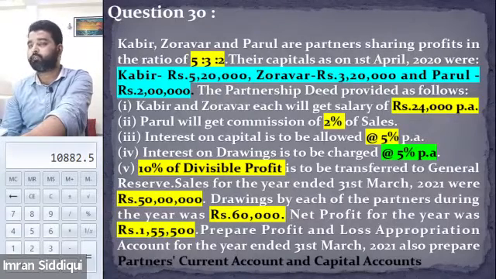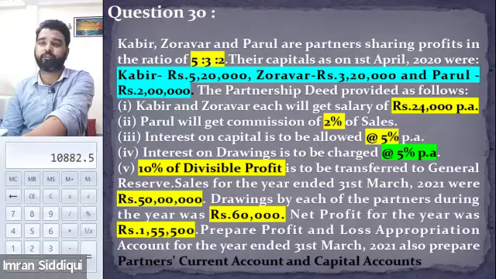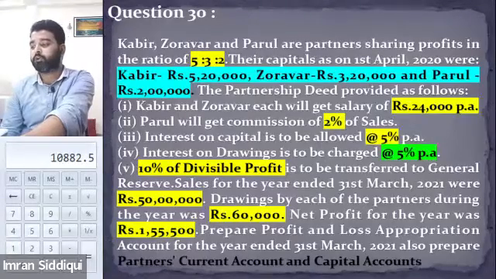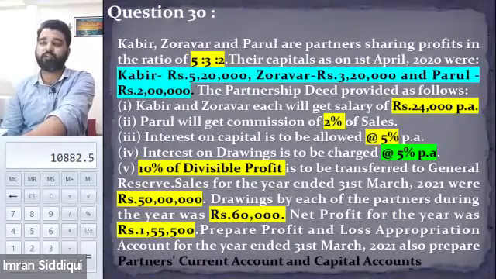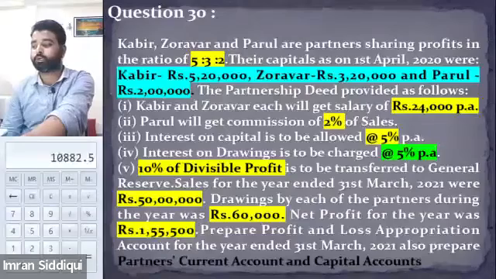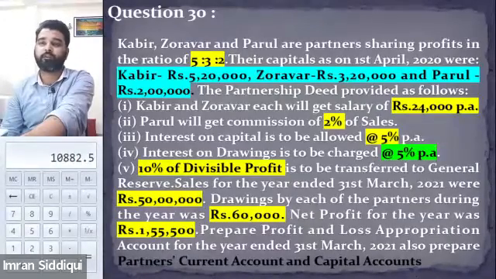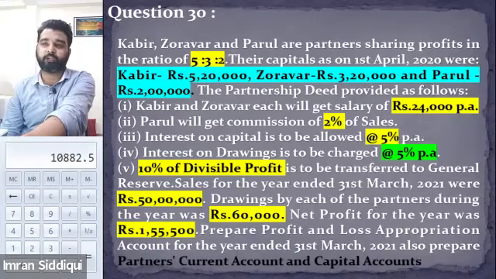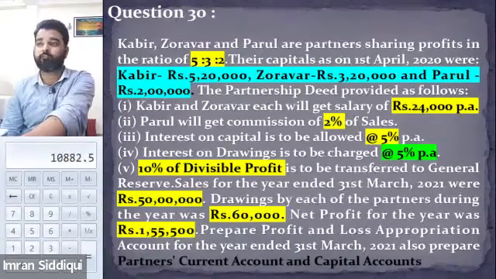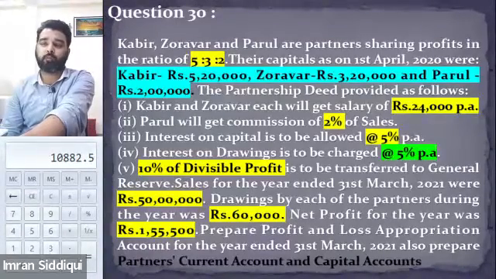So I want all of you to first prepare the P&L appropriation account and let me know the profit that will be divided among the partners. Am I clear to everyone? All of you need to prepare the P&L appropriation account and find out the amount of profit that will be distributed among the partners.